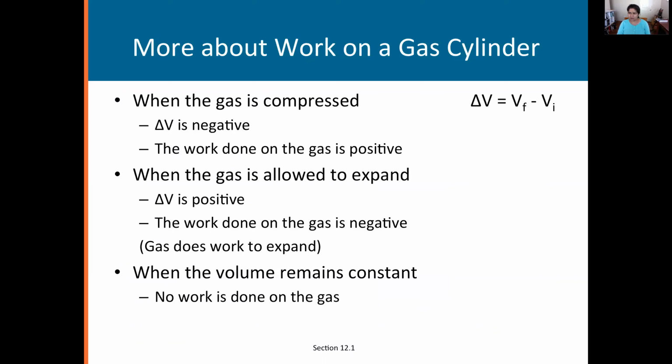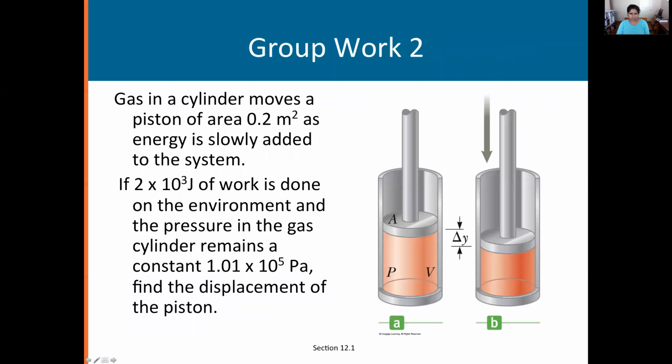Then the gas does work and W becomes negative. Okay. So gas is compressed, delta V is negative, the work done on the gas is positive. When the gas is allowed to expand, delta V is positive, work done on the gas is negative. It's important to be able to work out these symbols of positive and negative. When the volume remains constant, then no work is done on the gas because work is defined as P times delta V. If delta V is 0, then work is 0.